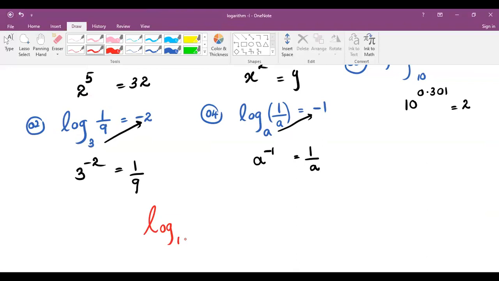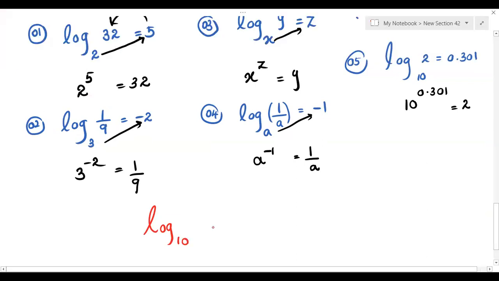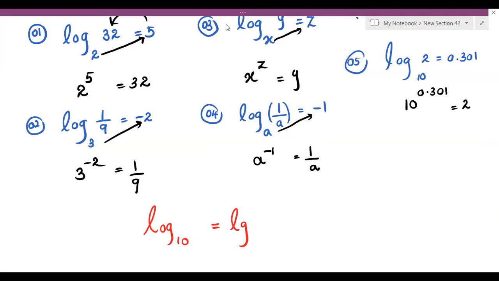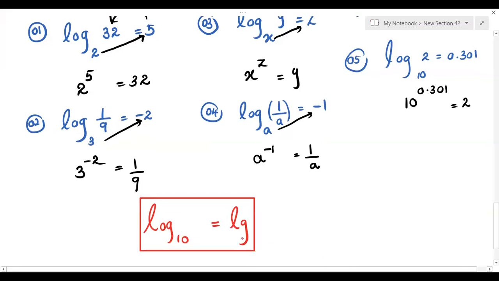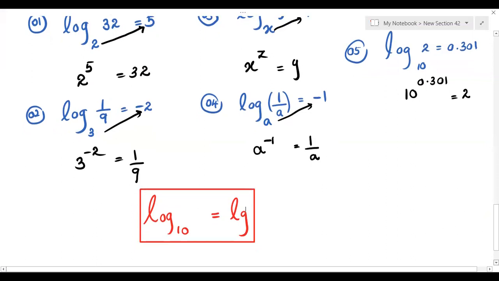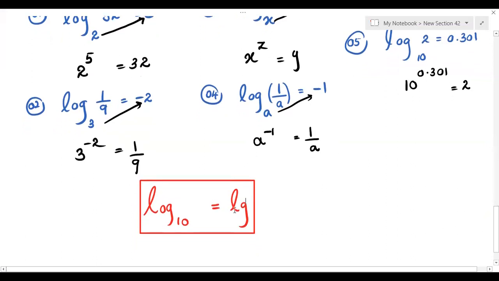When the base is 10, this can be written in a concise way as LG. That means if you see LG in a particular expression, its base is 10. This is very important because when we come to logarithms, you will meet this many times.